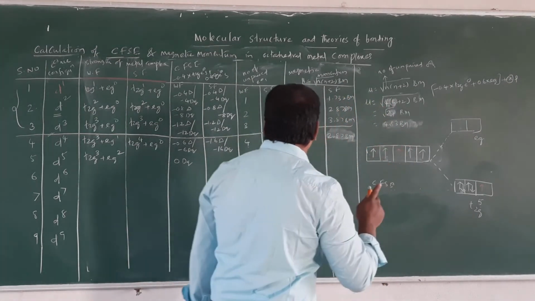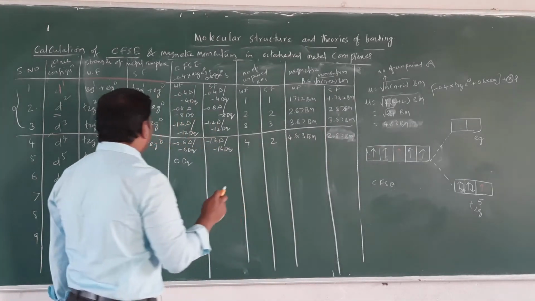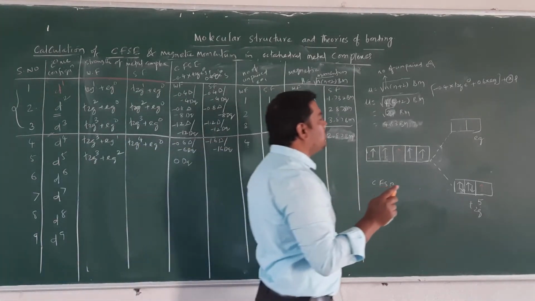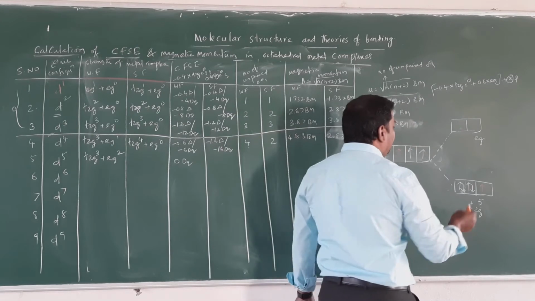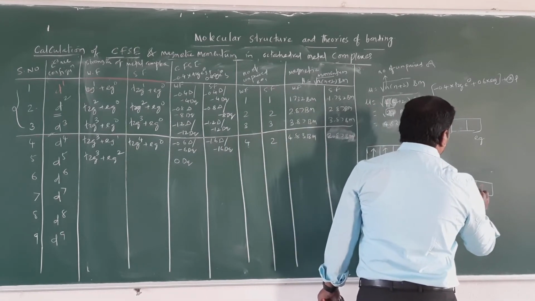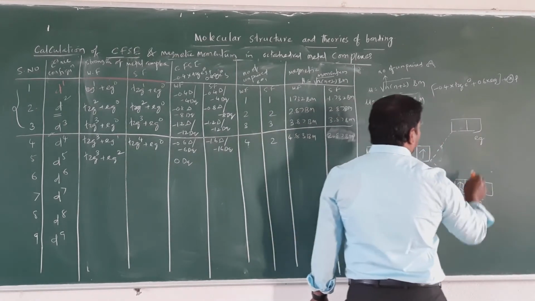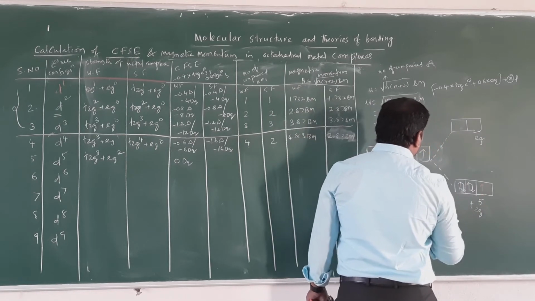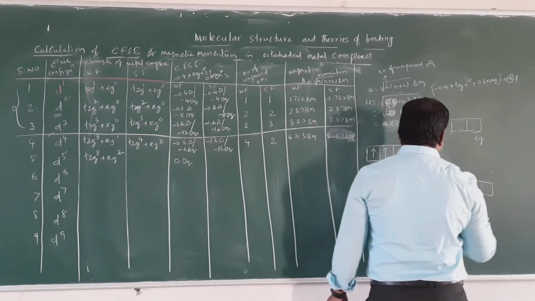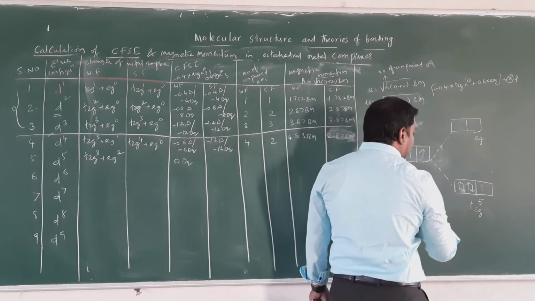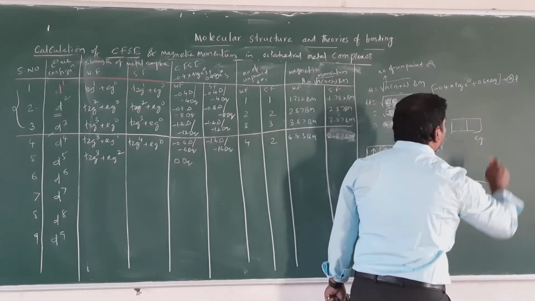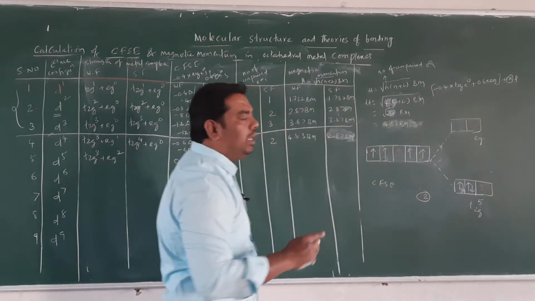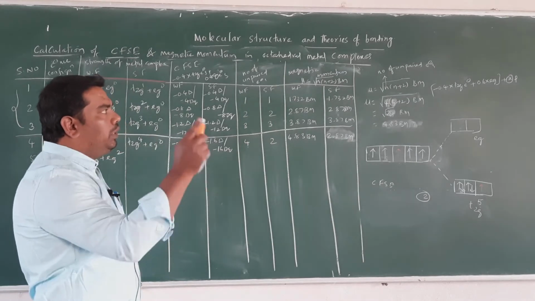For d4 configuration, how many pairs are there? Only one pair is possible. But in the case of d5 configuration, 2 pairs are there. In place of x you can take 2. So 2 into P, that is the pairing energy.